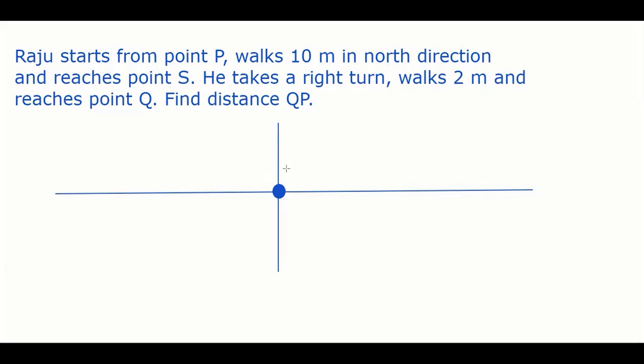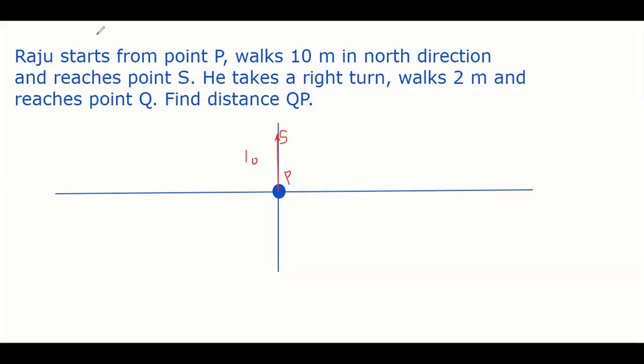Raju starts from point P and walks 10 meter in, suppose, north. This is point P. Now we will walk in the north direction, and it will be 10 meter and it will be at point S. Then he will take a turn towards the east side, which will be 2 meter, and it will be Q. Then what did he say?